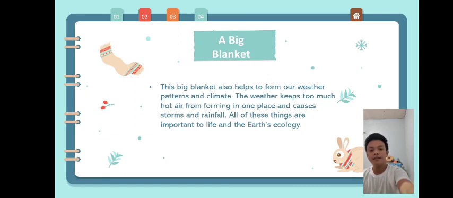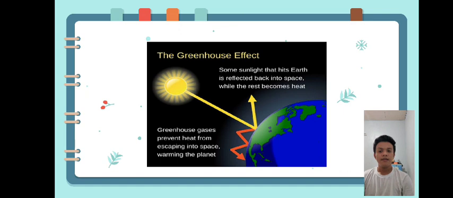So next, the greenhouse effect. Some sunlight that hits Earth is reflected back into space, while the rest becomes heat. Greenhouse gases prevent heat from escaping into space, warming the planet.